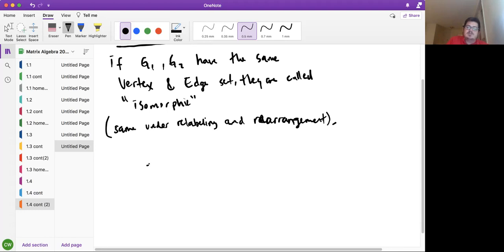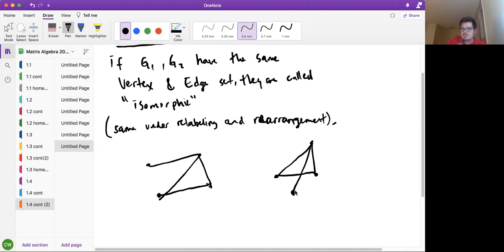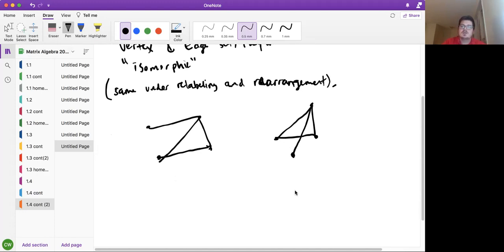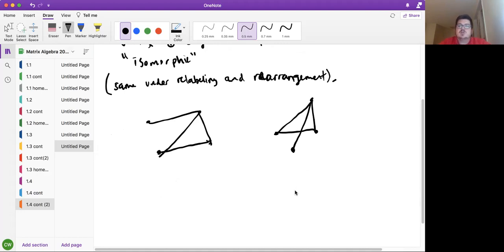So here's an example of two isomorphic graphs. Can you say why they're isomorphic? Why are they the same graph?